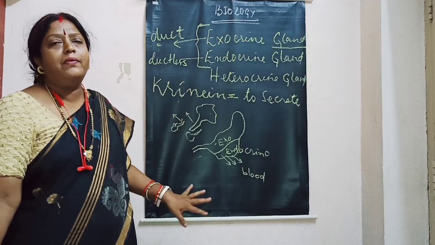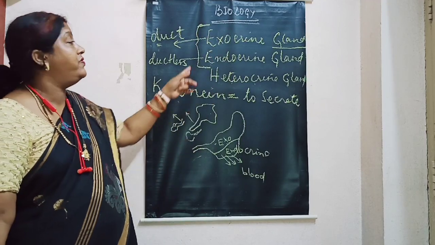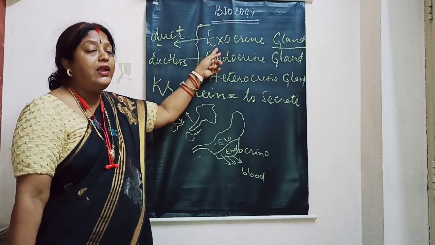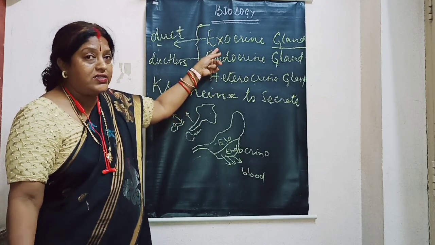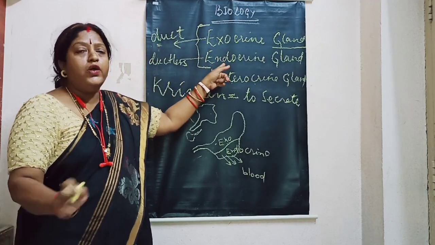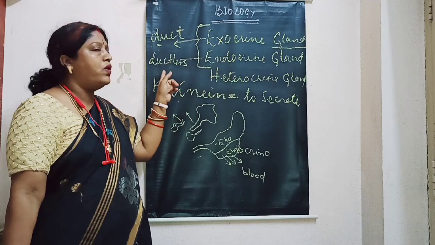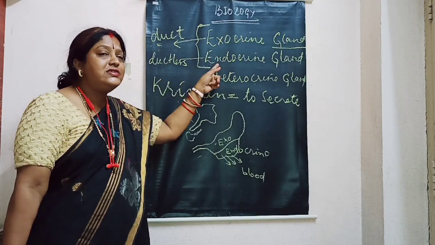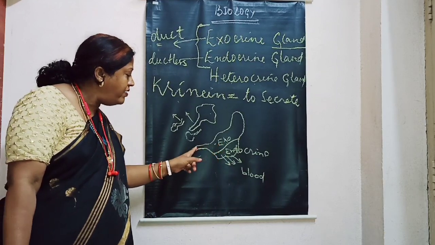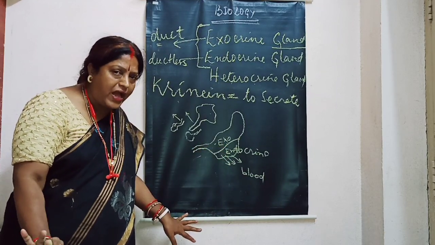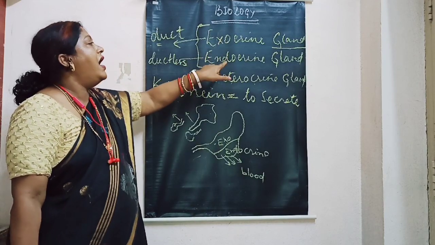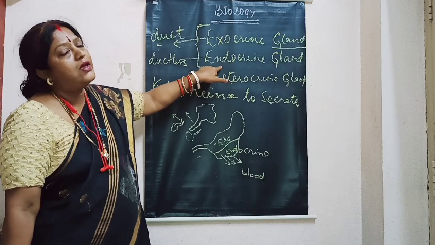So this is the difference between exocrine and endocrine glands. Exocrine glands drain out their secretion through ducts, whereas endocrine glands do not have ducts. They are also called ductless glands, and they release their secretion directly into the blood. Exocrine glands produce enzymes and endocrine glands secrete hormones.